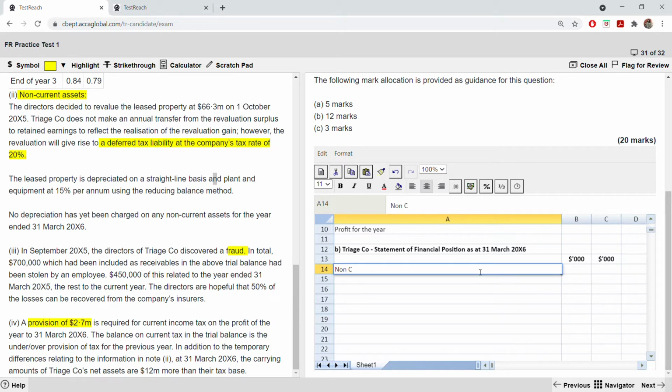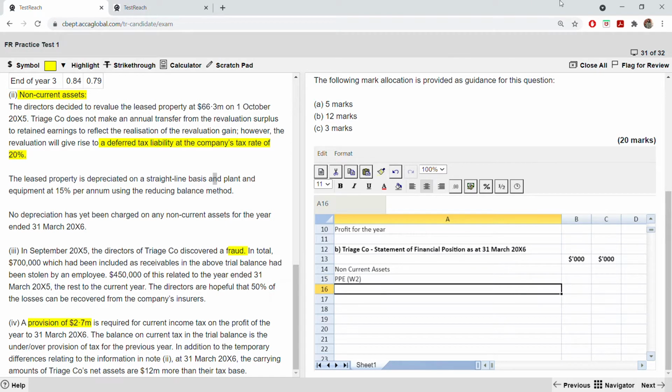First you need to write the heading. I forgot to write the heading, sorry. Next, property, plant and equipment, PPE, for which we use working number 2.